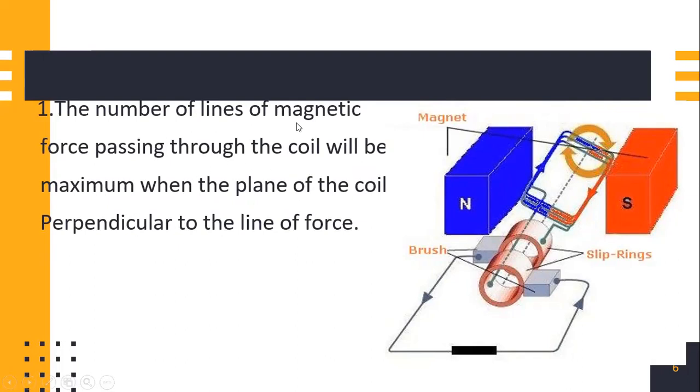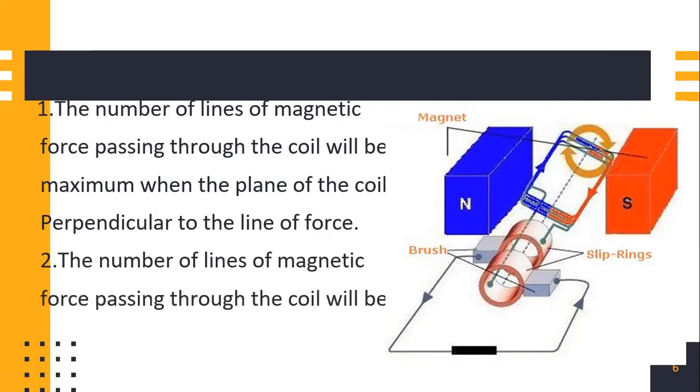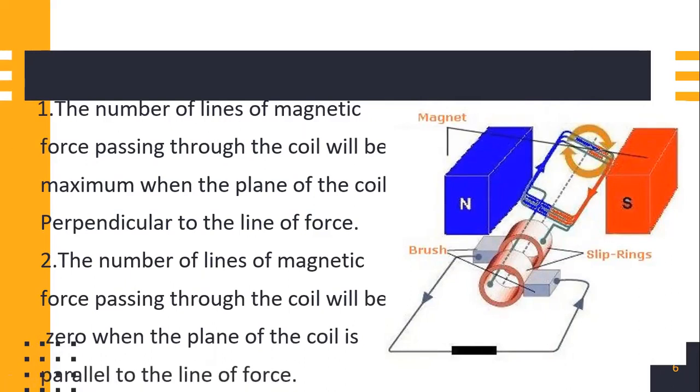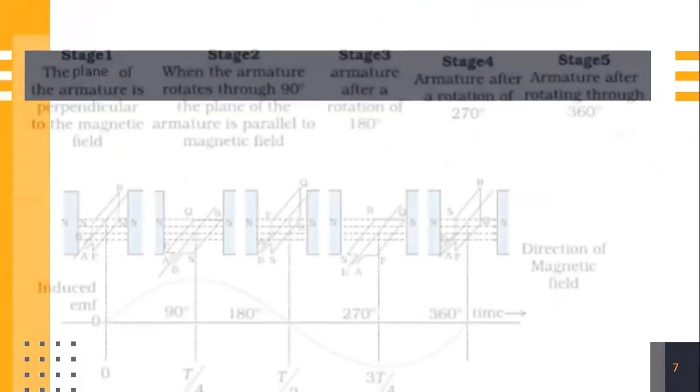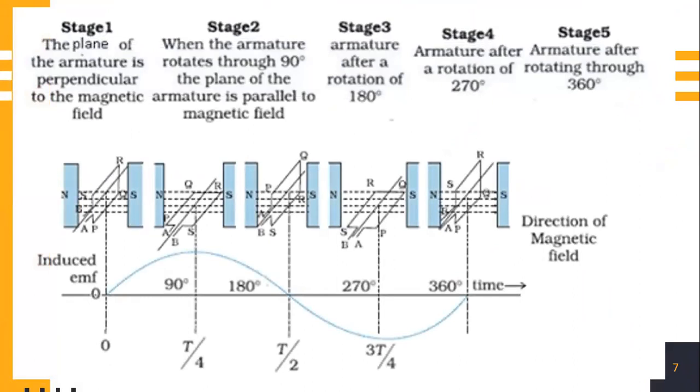The number of lines of magnetic force passing through the coil is minimum or zero when the plane of the coil is parallel to the lines of force. When the coil is in this way, no magnetic lines are cutting through the coil, so the magnetic lines passing through it are zero or minimum. This is the view of the rotation of the coil.